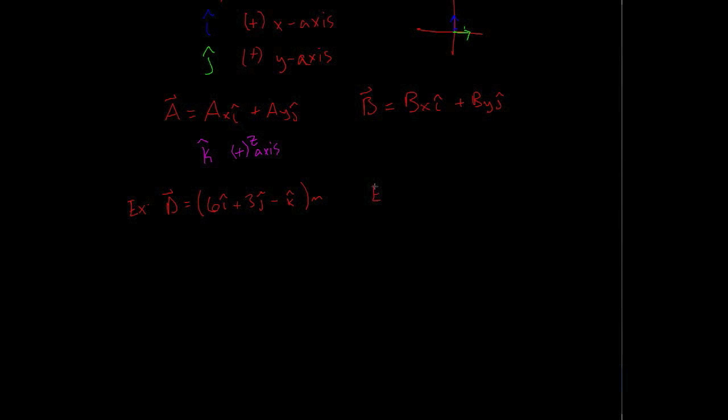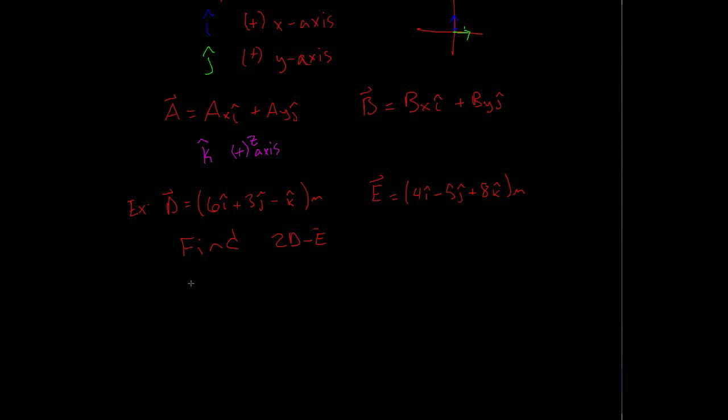And we've got vector E, and it is defined as 4I minus 5J plus 8K meters. And let's say they want us to find 2D minus E.